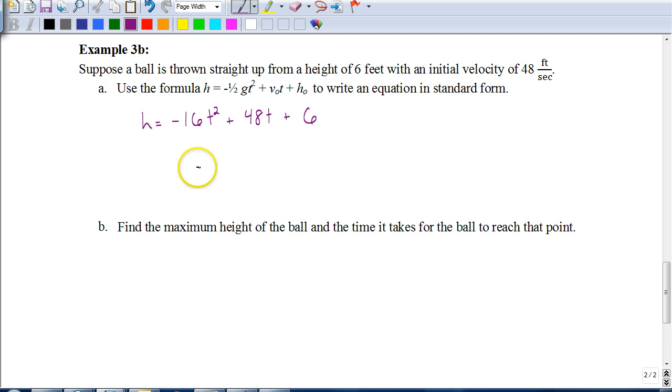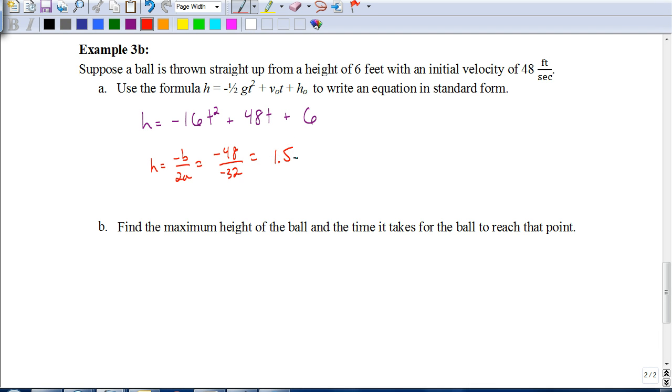So now it's going to be the opposite of b divided by 2a to find the h part of your vertex. The opposite of b is negative 48. 2 times negative 16 is negative 32. When you divide these out, a negative divided by a negative is a positive, and 48 divided by 32 gives me 1.5.